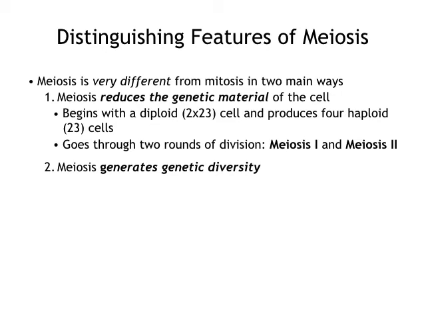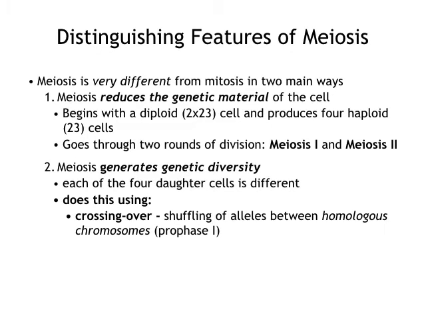The second main way is that meiosis generates genetic diversity. Again, mitosis makes two identical cells. In meiosis, you generate four cells that are not only different in chromosome number from the parent cell, but also genetically different from each other. And that's huge. That is genetic diversity, which is key for evolution by natural selection.